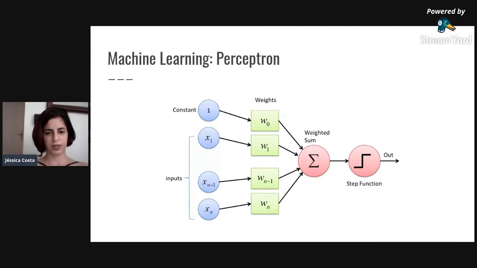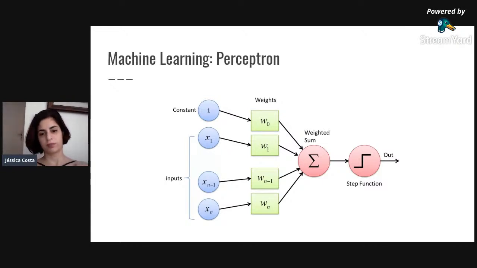It's a simple perceptron, but in sequence analysis, this architecture is different. It's not a simple architecture. We need inputs, weights, calculus of weight and sum, output, step functions. Step functions depend on your model, okay?